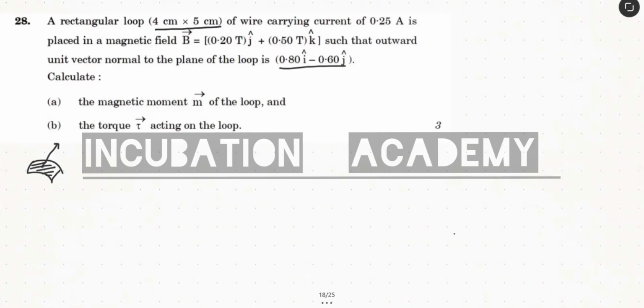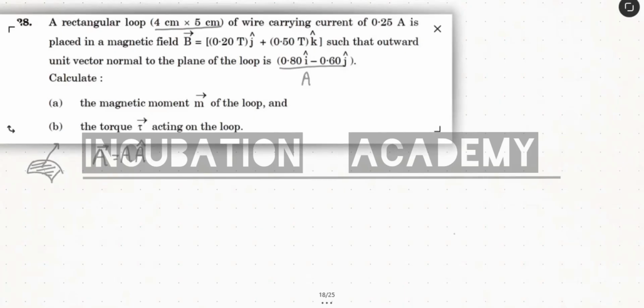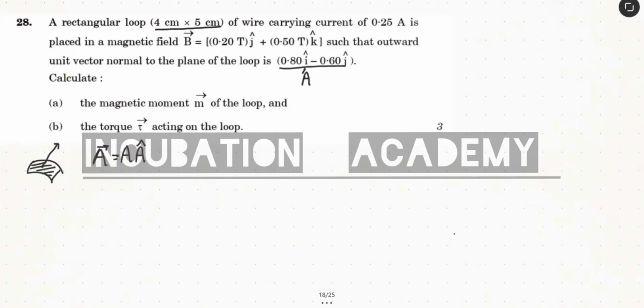So from the knowledge of vectors, the area vector A can be written as the magnitude of the area multiplied by the direction of the area. This part gives you the direction of the area, and this part gives you the magnitude of the area.